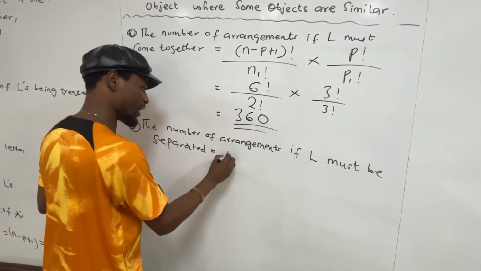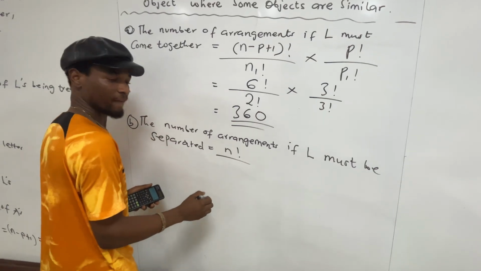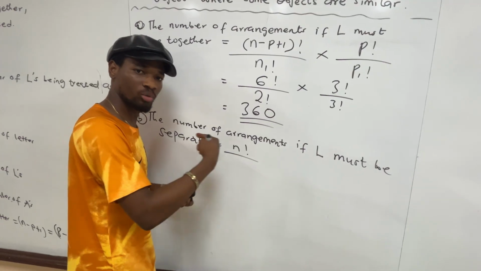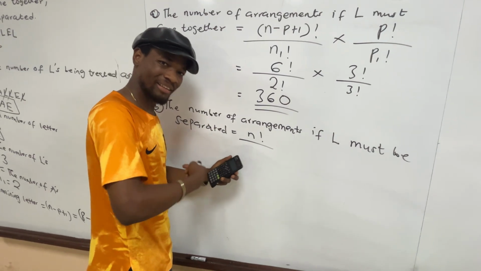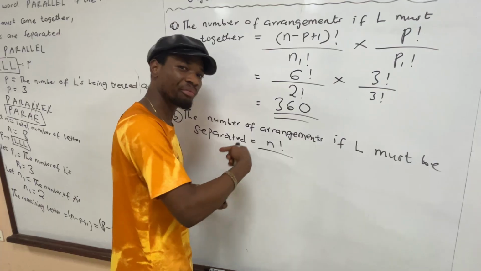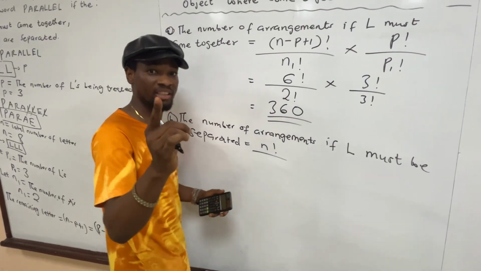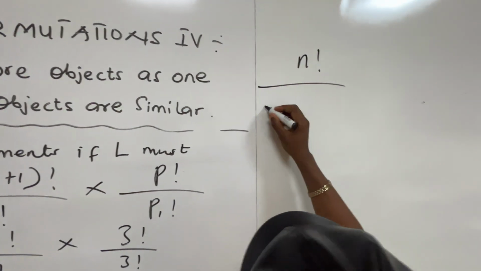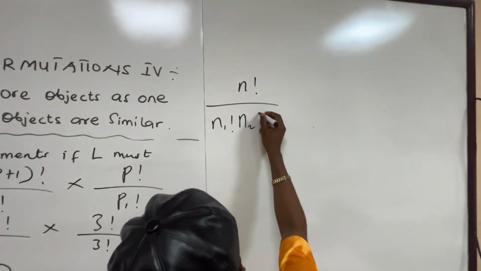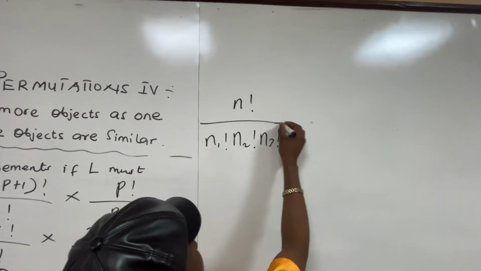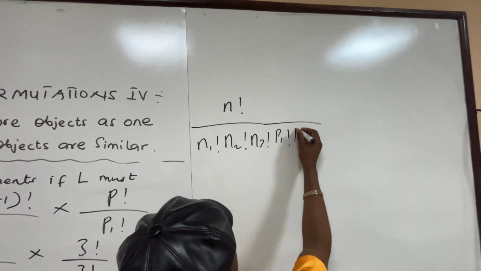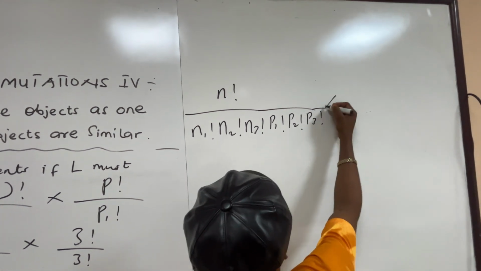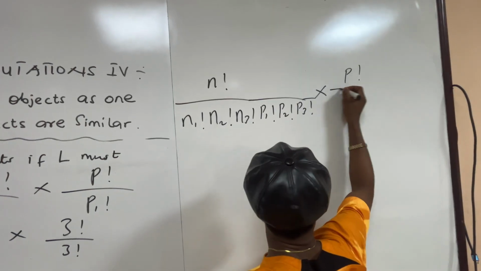The formula is N factorial over N1 factorial times N2 factorial times N3 factorial times P1 factorial times P2 factorial times P3 factorial. This is the formula, viewers. This is it.